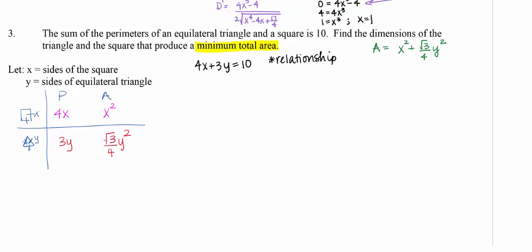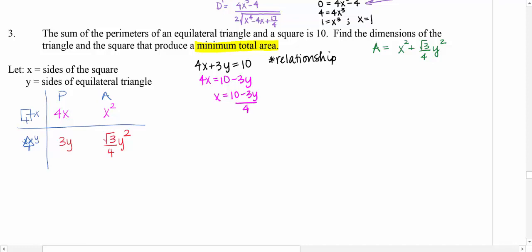That's fine. So I'll subtract 3y and I'll divide by 4. And you can write these separate or together. That is entirely up to you.